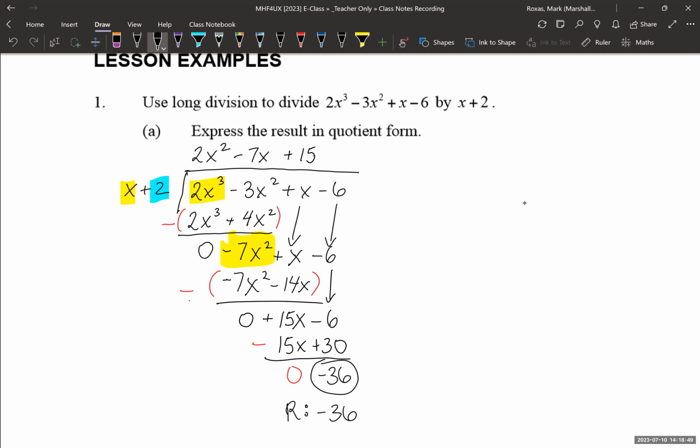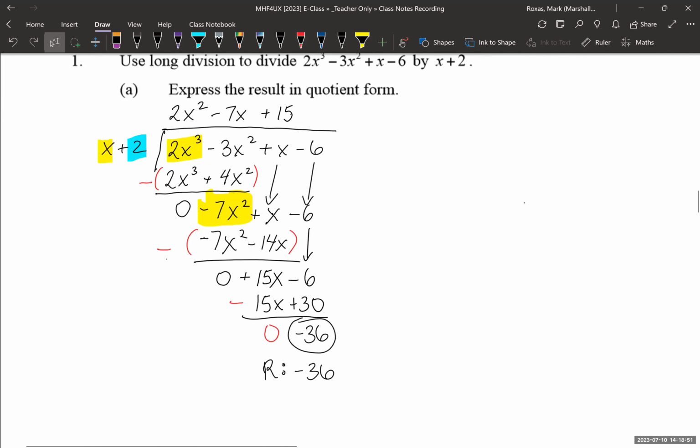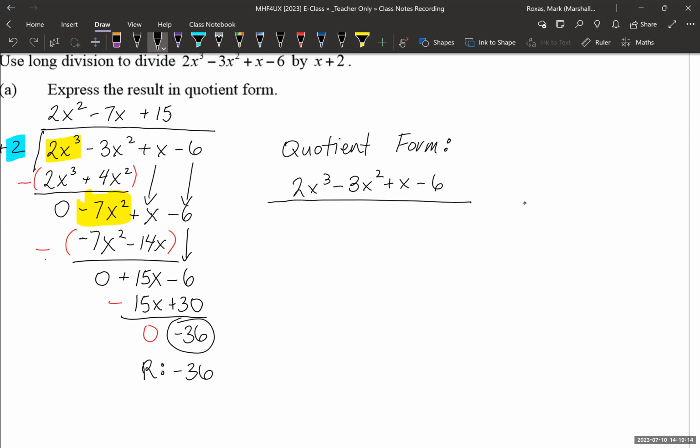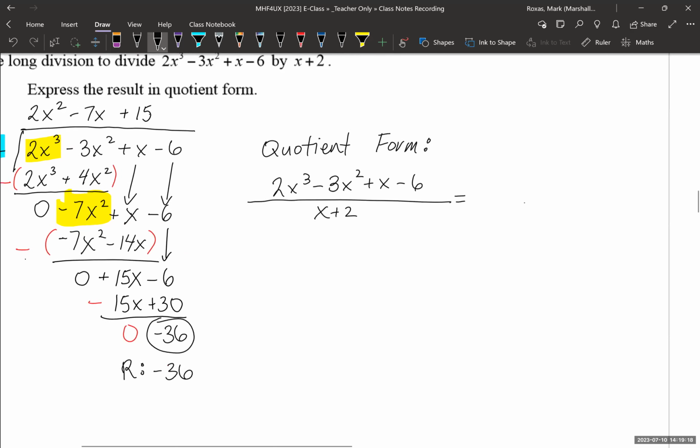Okay, so the result in quotient form then will be 2x cubed minus 3x squared plus x minus 6. I'm writing the dividend once more, divided by the divisor, x plus 2, equals the quotient.